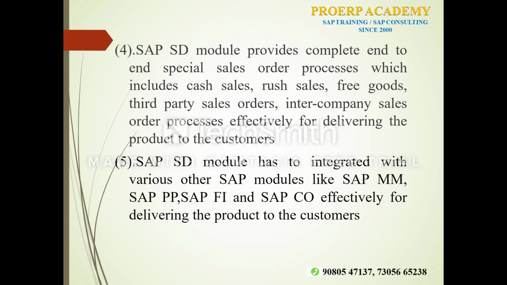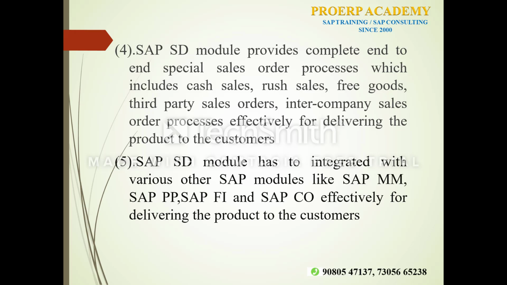Whereas in the special sales order processes, delivery will take place automatically along with the sales orders. So there is no need to create delivery separately for special sales order processing like cash sales and rush sales.